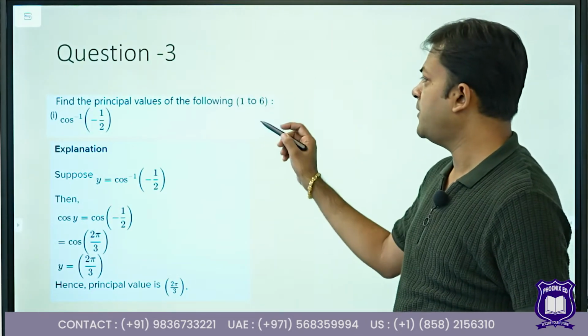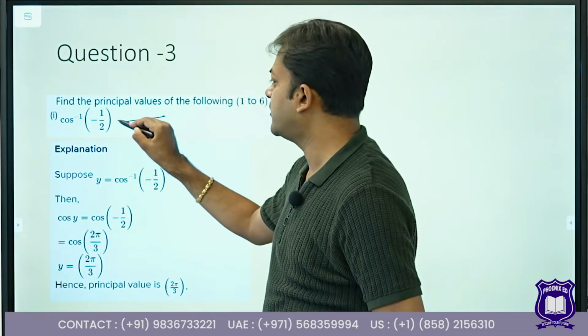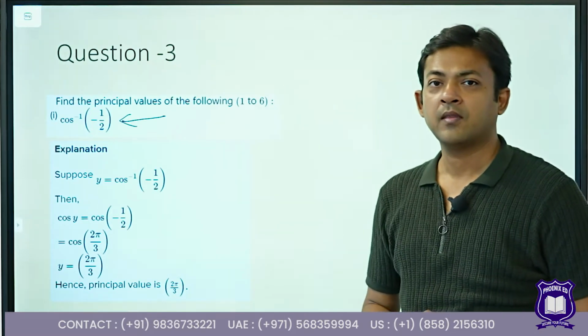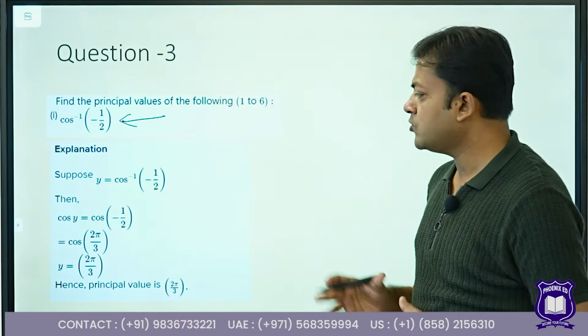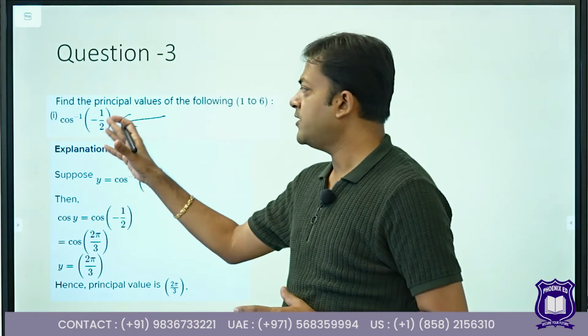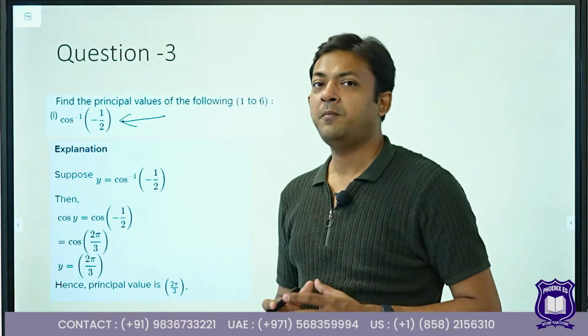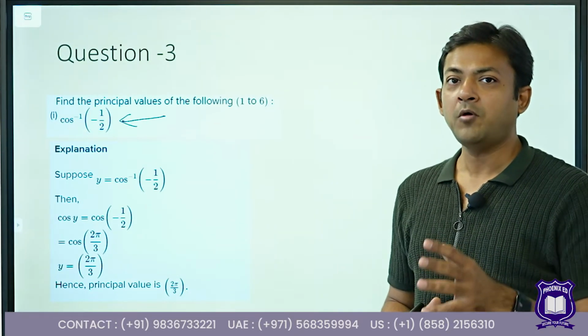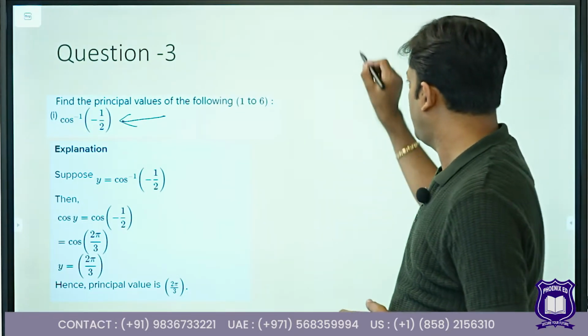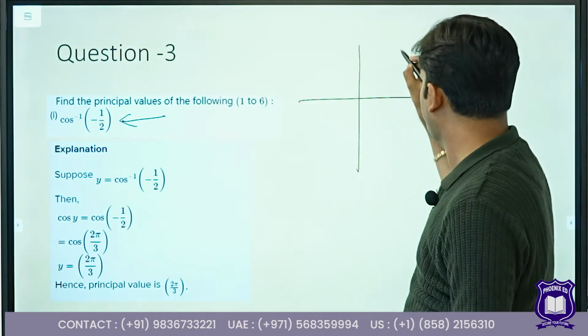To find the principal value of cos inverse negative half, this is where the important note begins. Please note that cos inverse minus half would be a value lying in the second quadrant. On what basis do I say this? Remember the 4 quadrants?